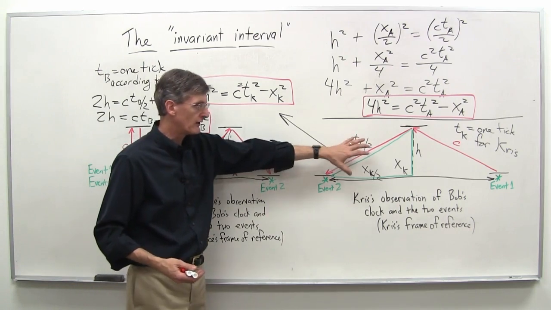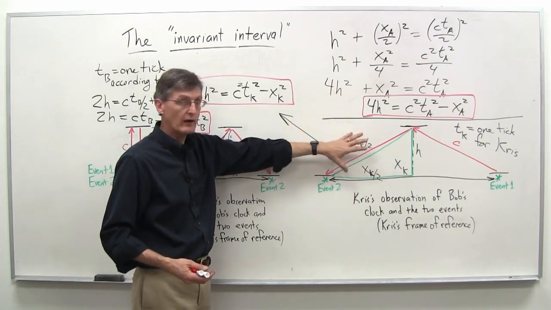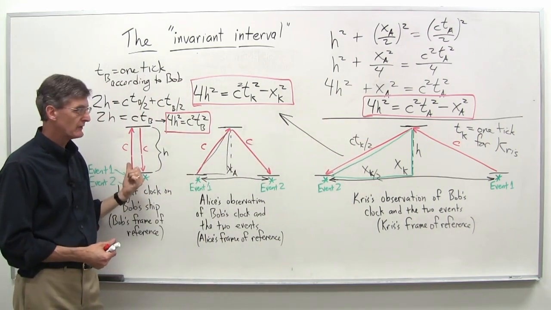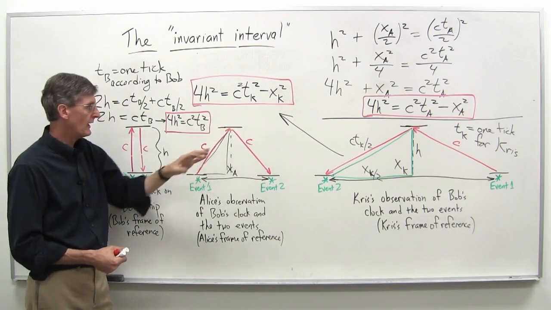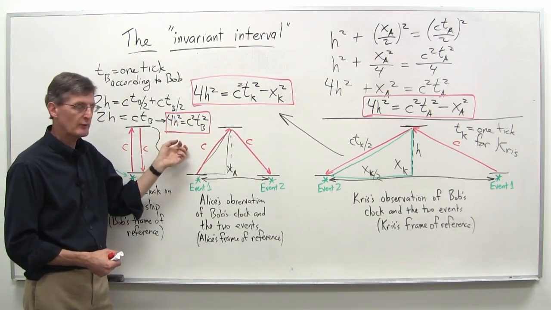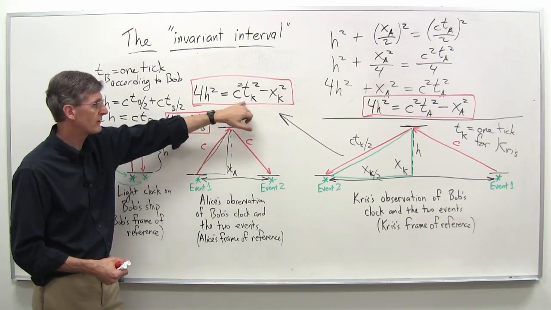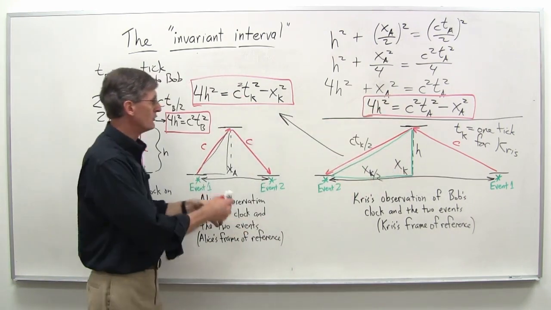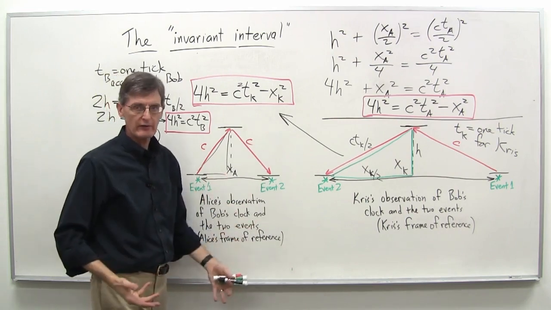So for Chris, she measures the distance between those two flashes, and she measures time according to her perspective, looking at Bob's clock. Alice does the same, and we'll get to Bob in a minute. He's slightly a special case here. But if they actually take their measurements, t sub k and x sub k, and t sub a and x sub a, even though they're different values, and you do this little operation, c squared t squared minus x squared, you get the same value every time.